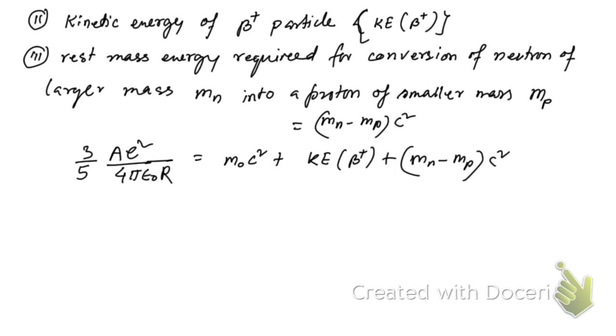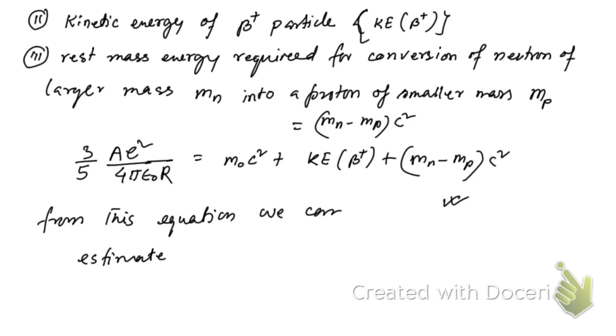Okay, so from this equation we can estimate the radius of a nucleus, right? So if we know the other values, then we can find R, right?